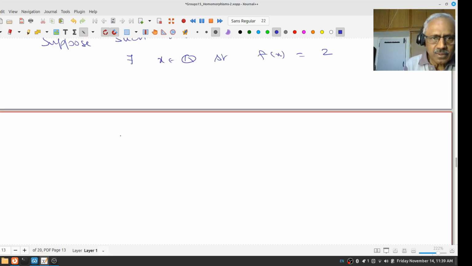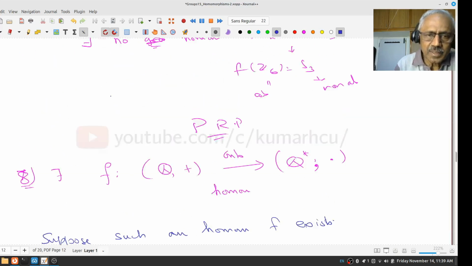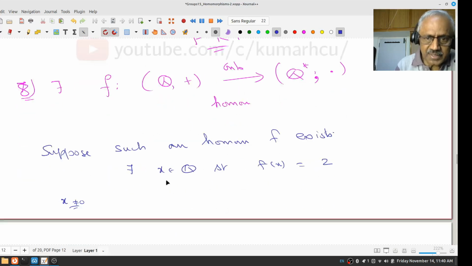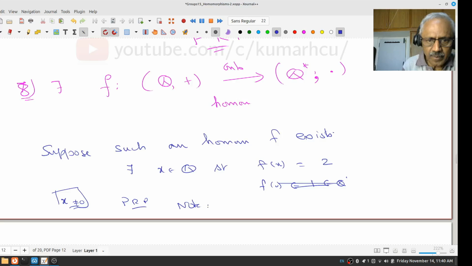Now, remember this x cannot be 0, because the domain is the additive group of rational numbers. If x is 0, f of 0 would be the identity element, which is 1 in Q star, which is not true. Therefore, x is not 0. Is this clear? Do you understand this proof?